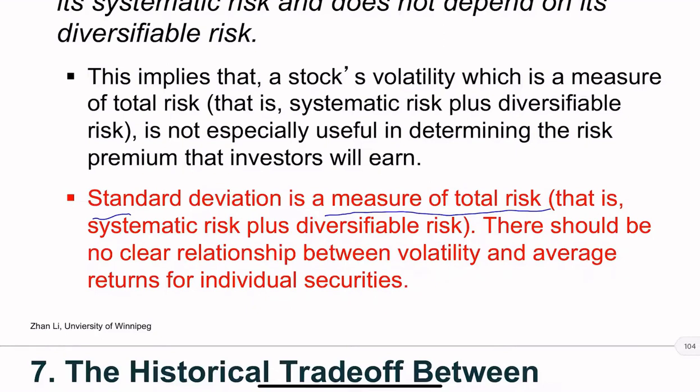Okay, let me repeat because this point is a little bit complicated, and it's very subtle. We know that an investor should get compensation for bearing systematic risk, so there should be a positive relationship between the return you get and the systematic risk you bear.